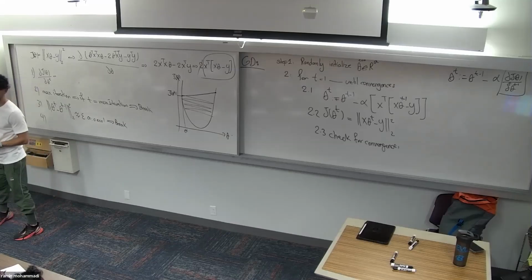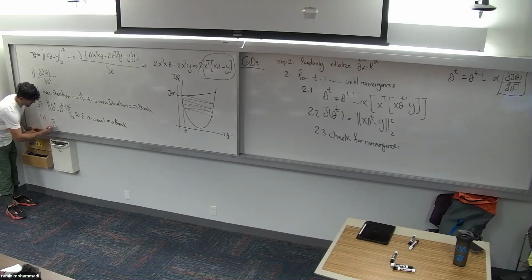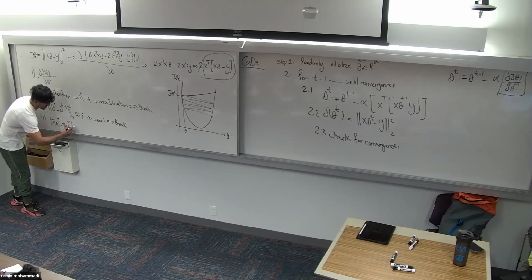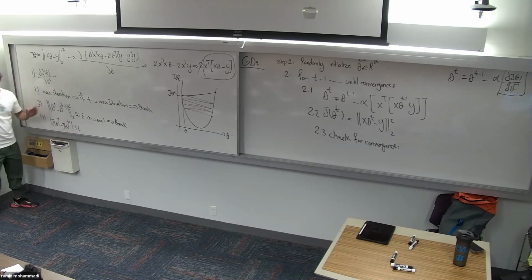One was theta. What else do you see here that you could check? Yeah, J of theta, right? If the absolute value of J of theta at time t minus J of theta at time t minus 1 is also, let's say, less than some epsilon. Great. There are so many ways you can write these to check for convergence.